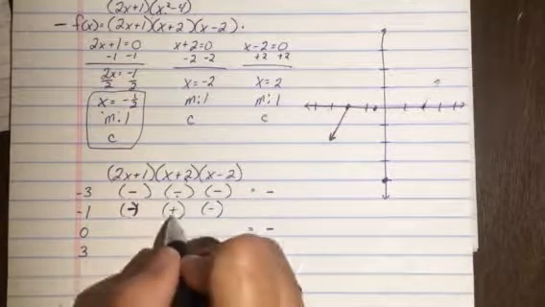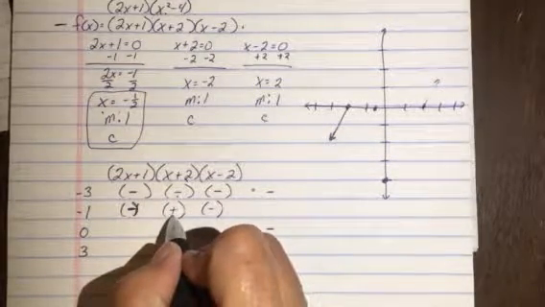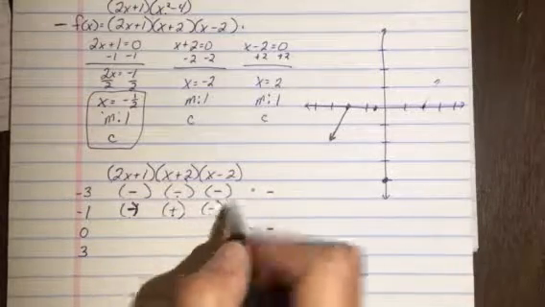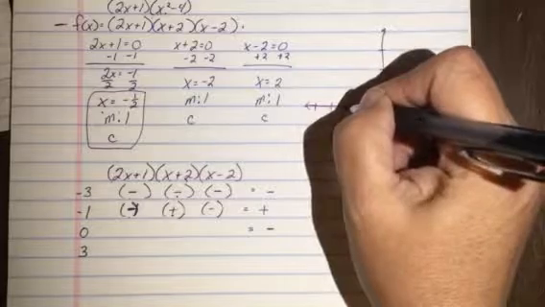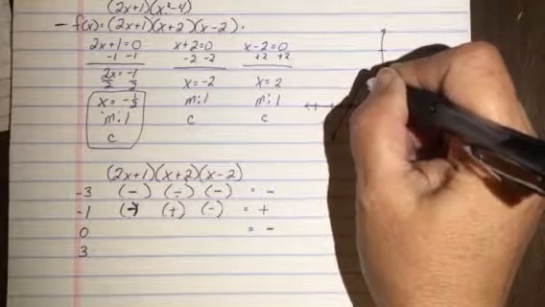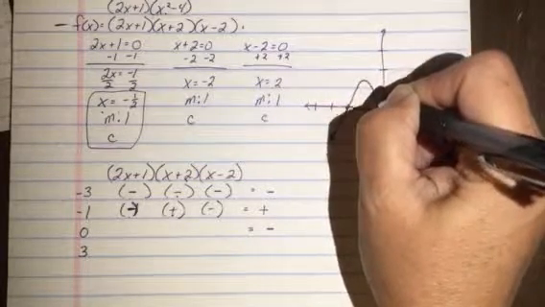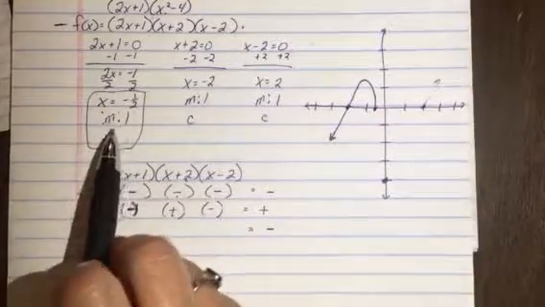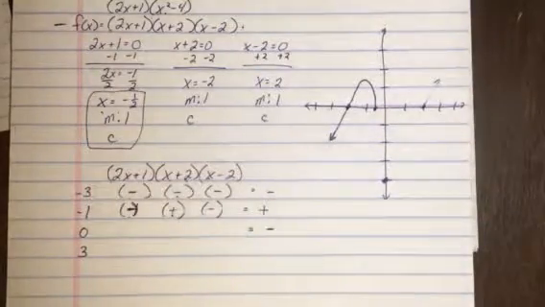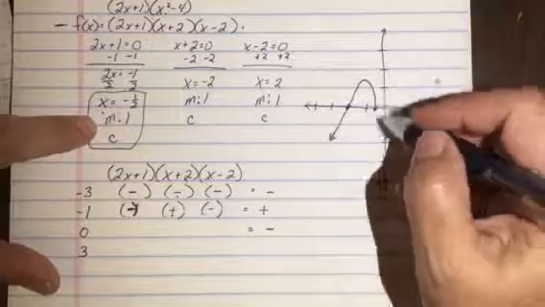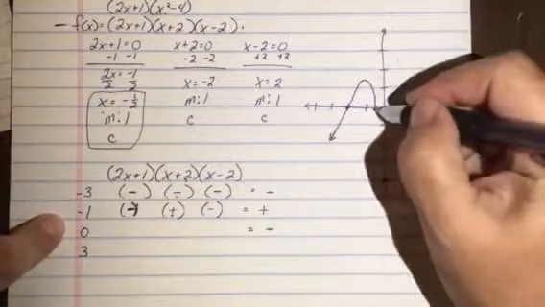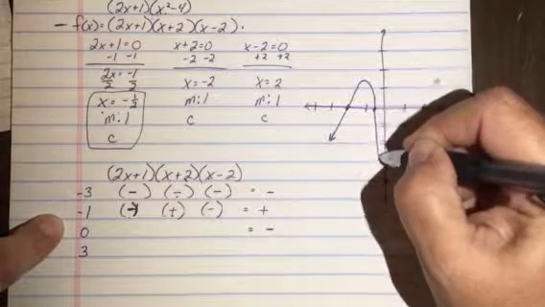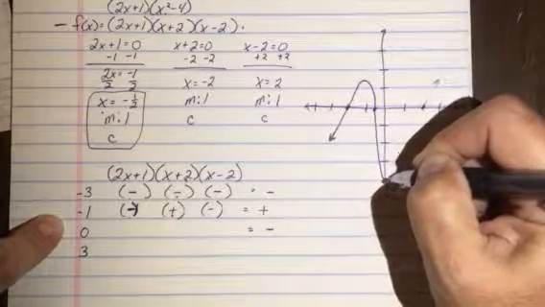So a negative times a positive is a negative, and a negative times a negative is a positive. So yes, we've proven that we are going up, but we come back down because at negative 1/2, I have an odd multiplicity, means I cross. At 0, we already proven that we're at negative, so it means we're going to come down to negative 4 and come down and cross.